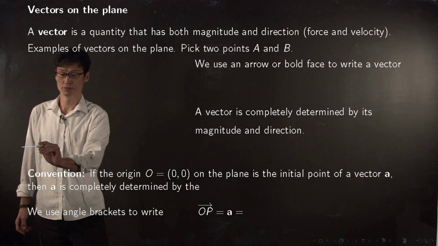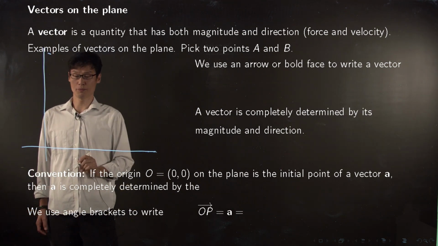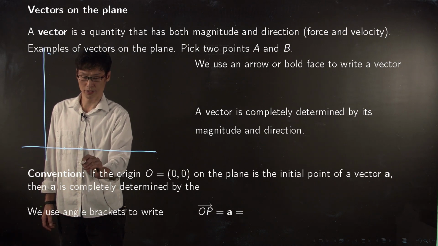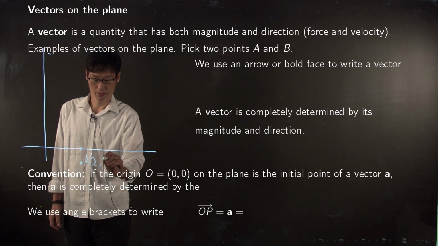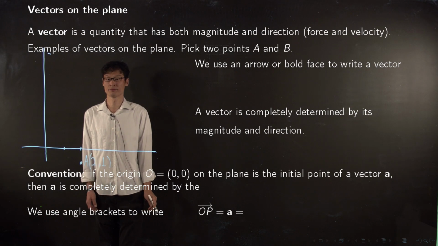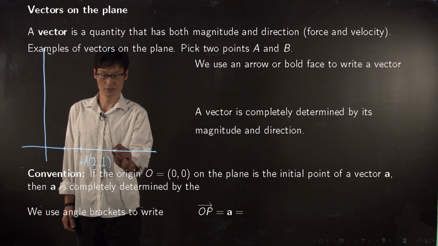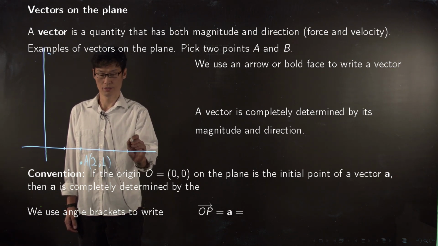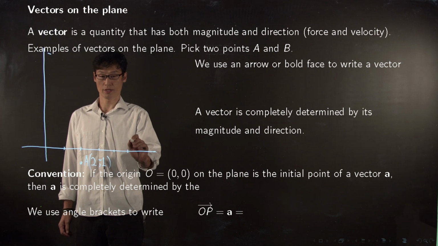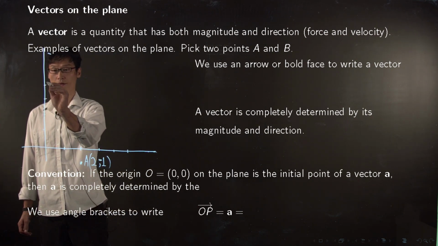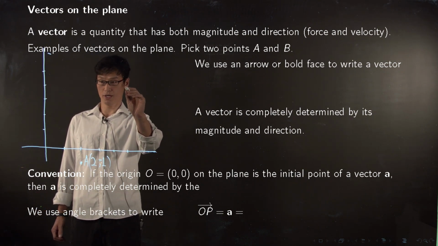Let me pick 1 point, 2, -1. Let me call this point A. And then 5, 4, and then 5, 3.